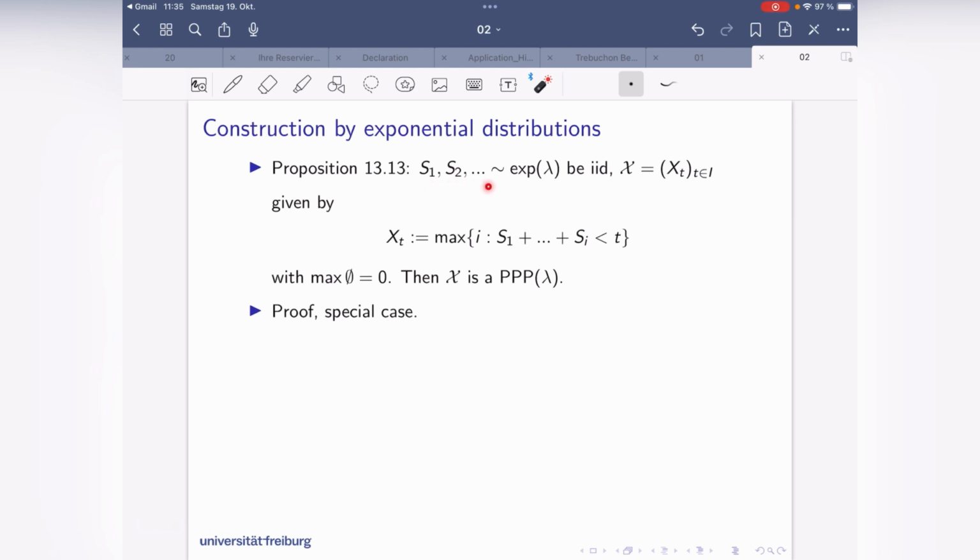The waiting times I consider are exponentially distributed, IID, with parameter lambda. And X is given by, well, X_t, I write it like this here, the maximum i such that S1 plus and so on plus S_i is smaller than t.